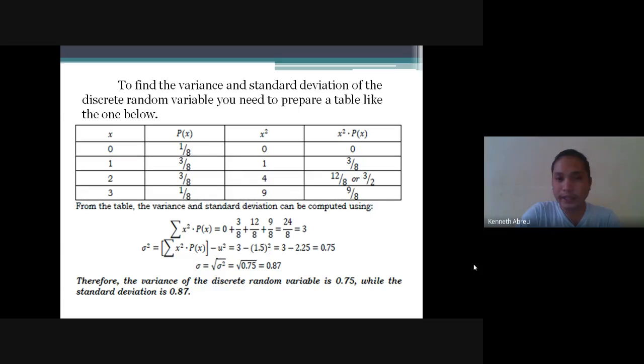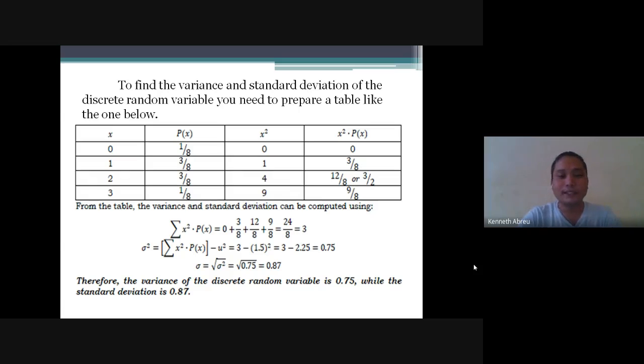So, we have 3/8 plus 12/8 plus 9/8. So, that would be equal to 24/8. Yung 24/8 na yan, ay i-simplify lang natin, kaya siya magiging equal sa 3. So, ayun yung ating summation ng X squared times probability of X.